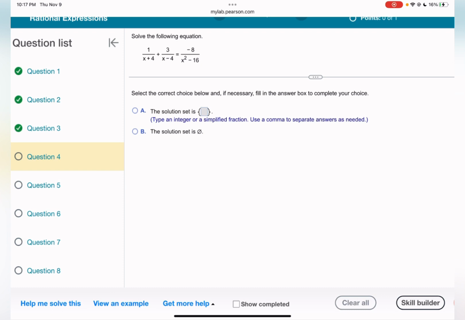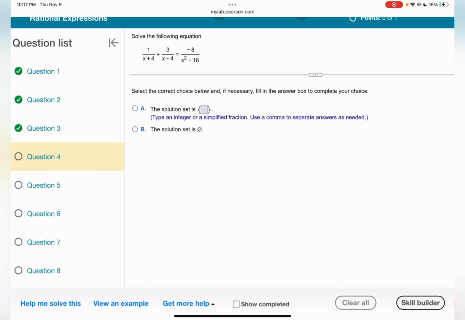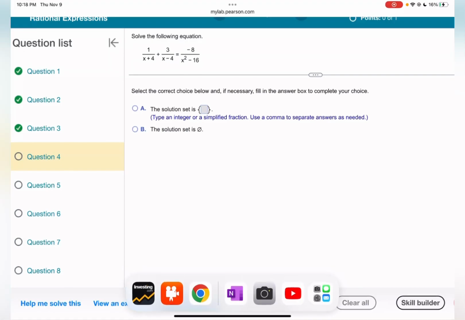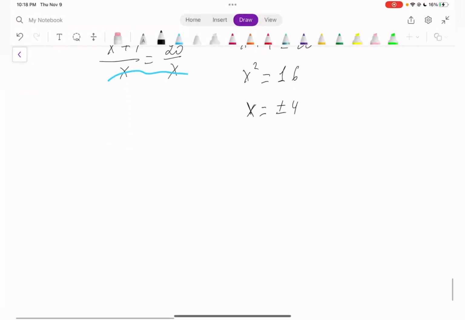Next one. Okay, this one is going to be a little bit different. So 1, 3, and negative 8, okay? Here is x squared minus 16, x minus 4, and x plus 4.